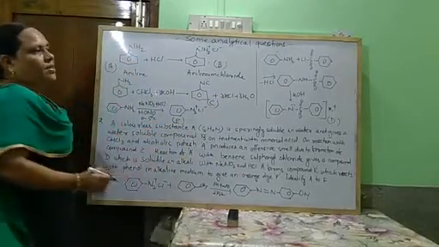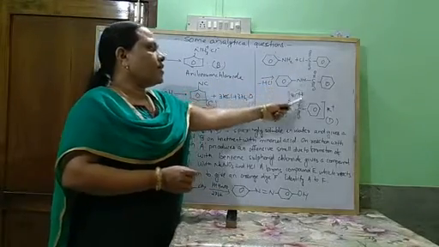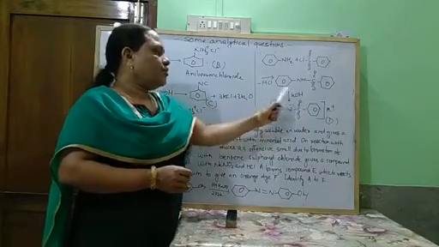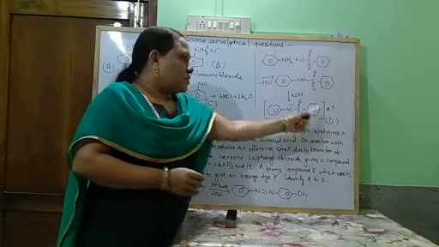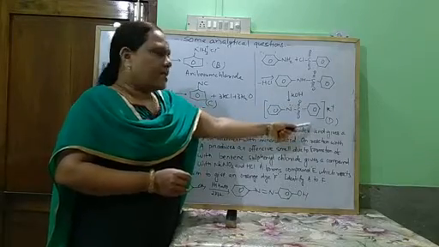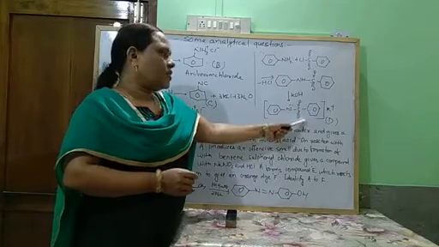This one is C. Then aniline reacts with benzene sulfonyl chloride followed by potassium hydroxide to form the potassium salt of N-phenyl benzene sulfonamide.